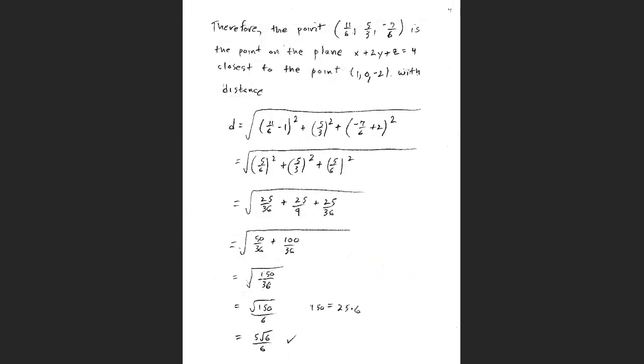Okay, so therefore this point is the point on the plane closest to the point 1, 0, negative 2. And what's the distance? I computed the distance here. And WebAssign is going to want a simplified answer in simplified radical form. So I did that here for you.